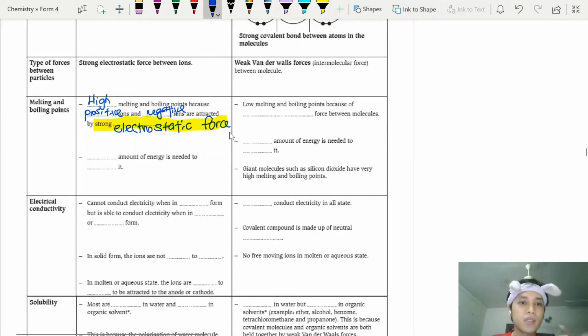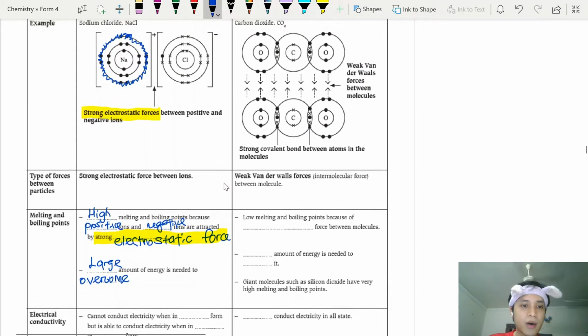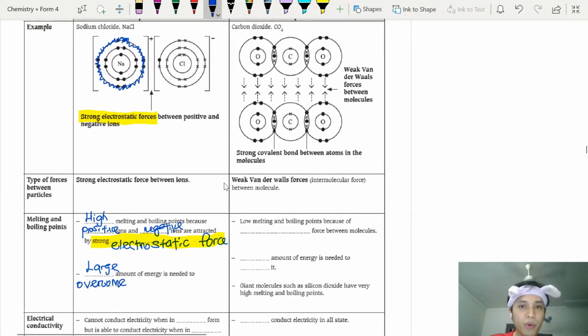Normally students leave out this part, or sometimes I've seen students writing strong force. They never mention electrostatic force, so you need to be specific. If you have strong electrostatic force, you're going to need a lot of energy to break it or to overcome it. So that is for the melting and boiling point of ionic compounds.